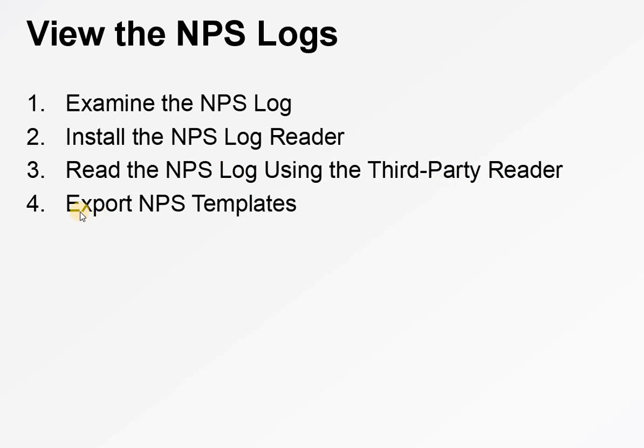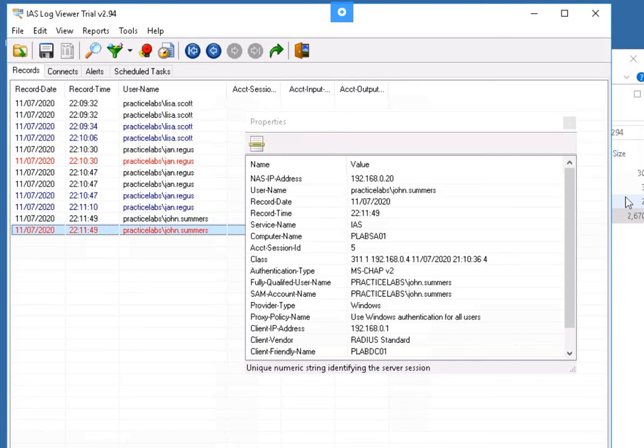Now we are going to see the fourth one. Export NPS templates. Okay. If there is more than one network policy, you can reuse a template created on an existing NPS by exporting the template to a file. Okay. So on the same domain member server window, just minimize this one. Okay. Close it.